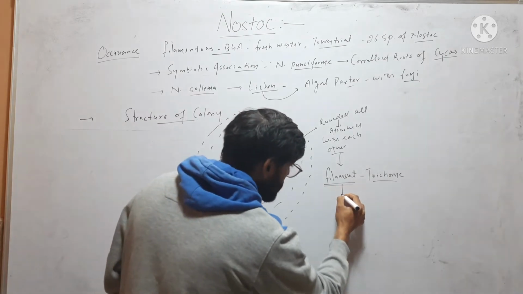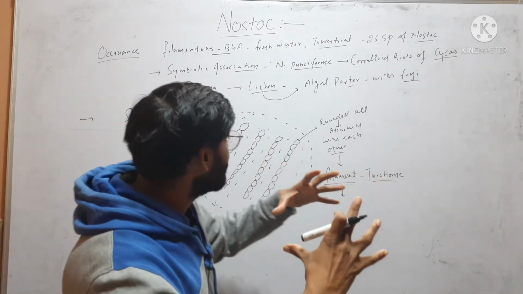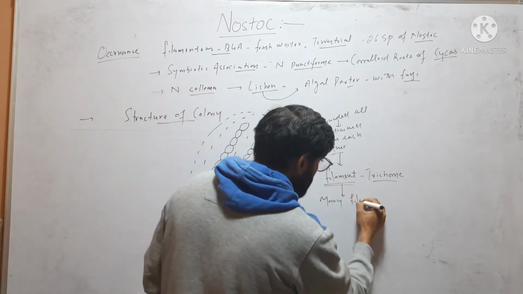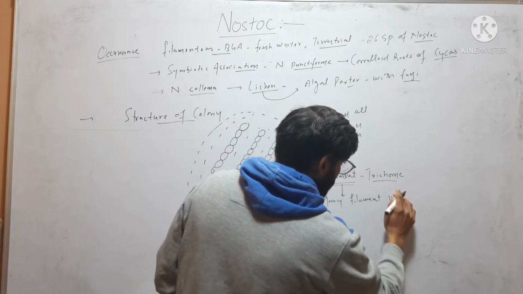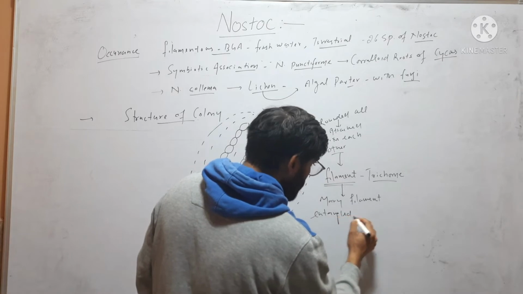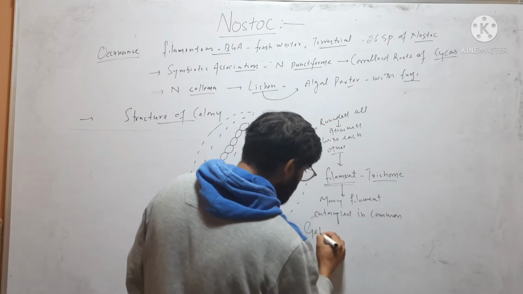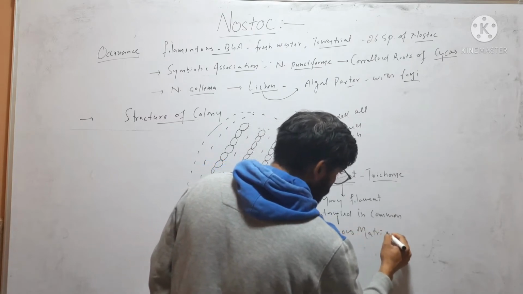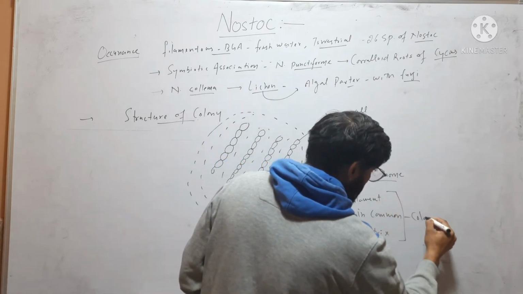These many filaments are entangled in a common gelatinous matrix, and this forms the colony.